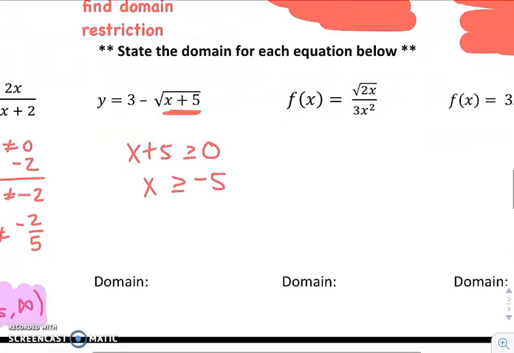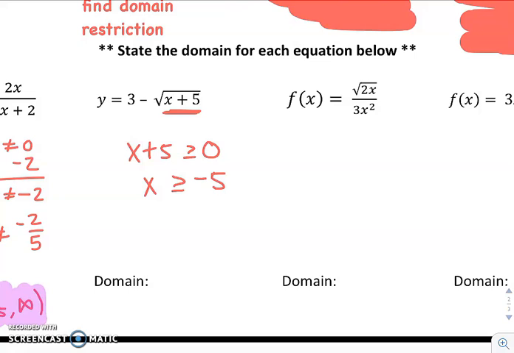Negative 5. So x needs to be any value greater than or equal to negative 5. So that would be negative 5 and higher. So we would say negative 5 to positive infinity. That could be any of our x values. And because we're including it with that line, it's going to be a bracket.